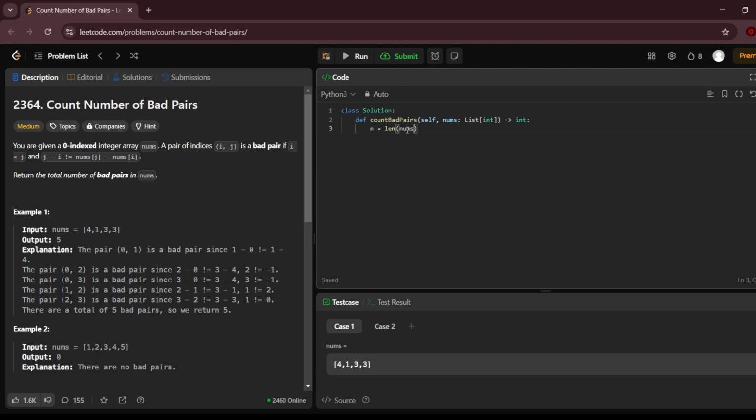Write n as length of nums, and let's call it pairs is equal to n times n minus 1 by 2. Let's say we have a count that we're going to store, and in the end we're going to return that pairs minus count.